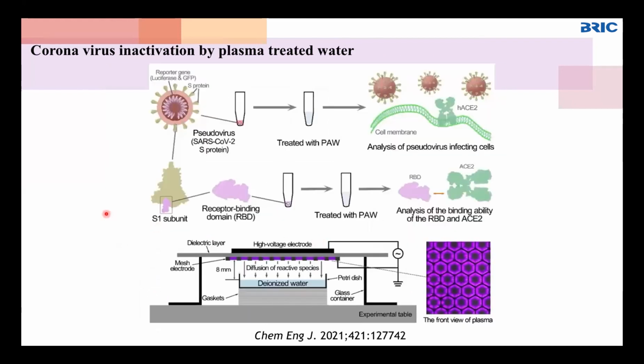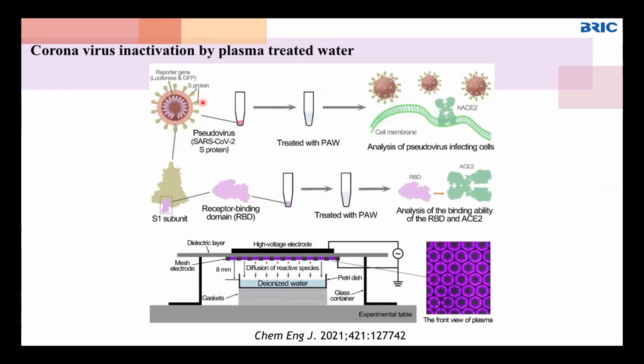In another study, this is the SARS-CoV-2 virus particle, and as you remember, it has this S protein. So we thought, can we damage this S protein? On this S protein, there is a specific domain, the RBD, receptor binding domain.